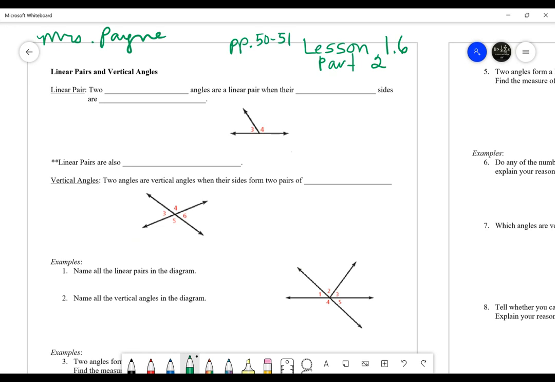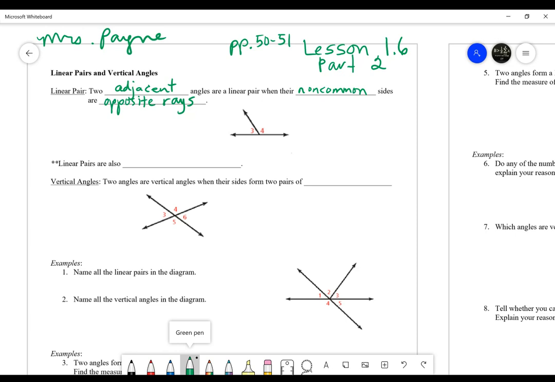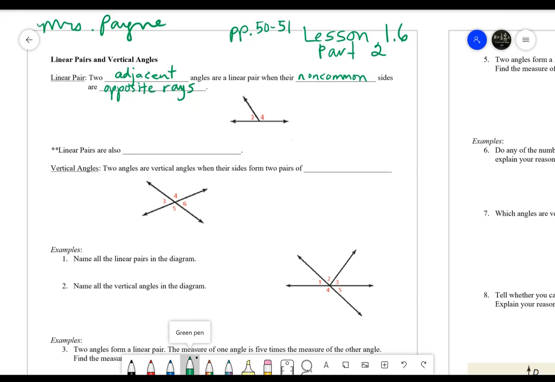We're going to define a linear pair. A linear pair is two adjacent angles, and they're a linear pair when their non-common sides are opposite rays. And opposite rays have to be directly across from each other, and they have to share.